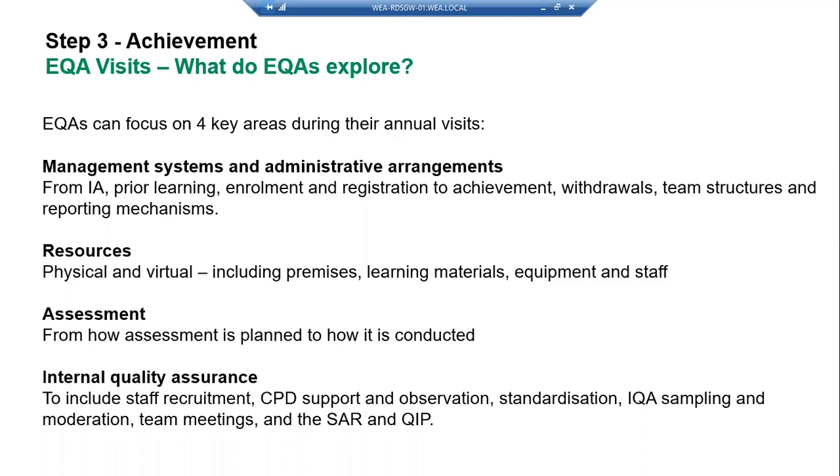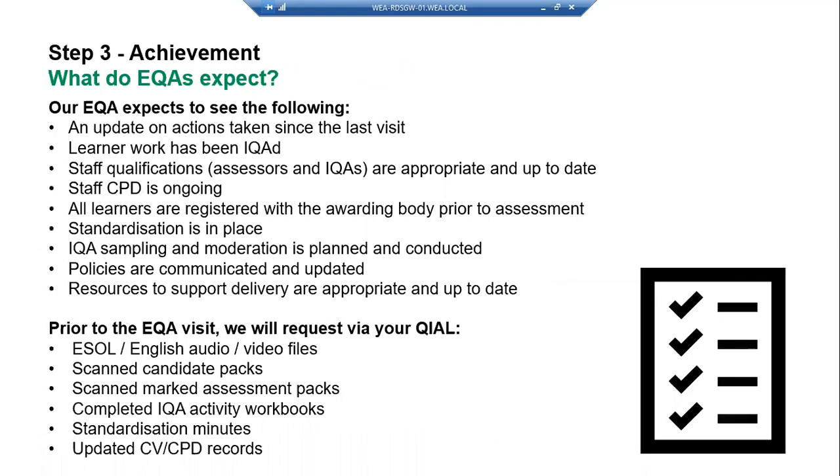But there's a whole range of areas that they will speak to us about during their visits, ranging from initial assessment through to how our team is structured, through to the physical resources that we're working in, how the assessment's planned, CPD, sampling, national standardisation, regional standardisation, etc. The list goes on. They're expecting to see an update on actions taken since the last visit.